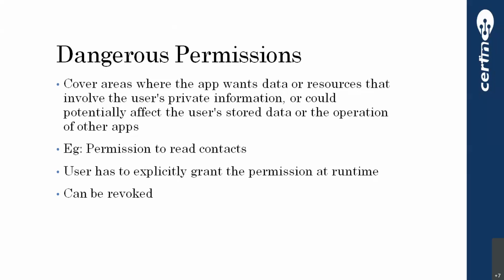So if you go inside the settings page and into the applications list, when you click on each of these applications, you will be able to see the set of permissions that have already been granted to that application. And you can revoke each of these permissions, basically the dangerous permissions. So if you have granted the contacts permission to any application, you can go ahead and disable that permission, which means the application will no longer be able to access that particular feature on your device.